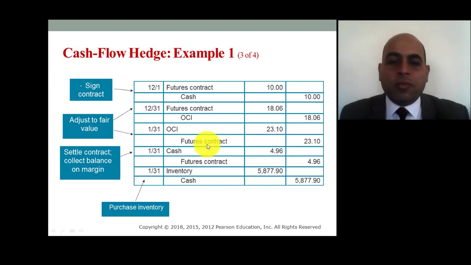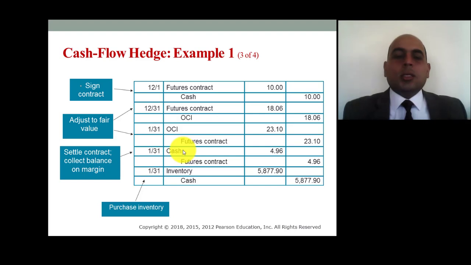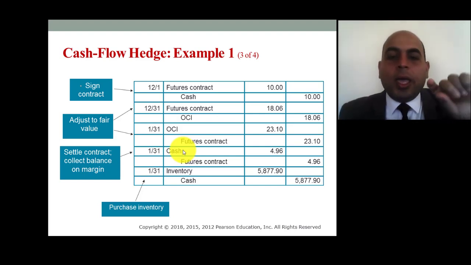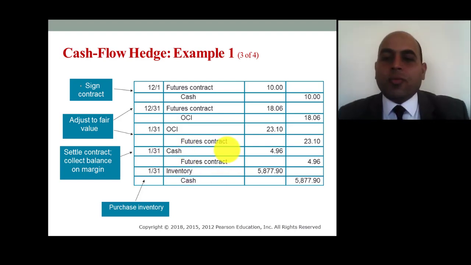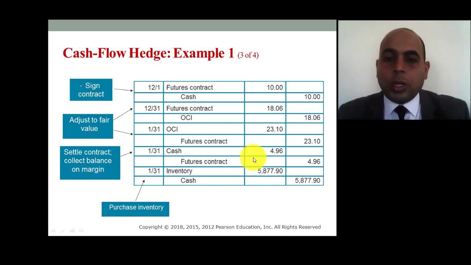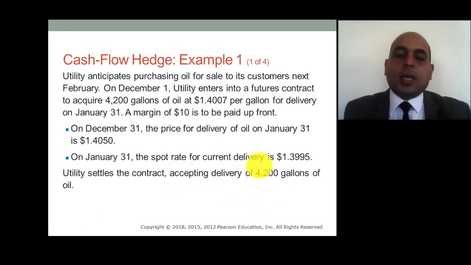So we will receive cash to settle the future contract. Instead of selling, receiving and paying, we settle it by the difference. We will receive 4.96 to settle the future contract. After we record this entry, the future contract balance will be 0. But as he mentioned, we are accepting the delivery.